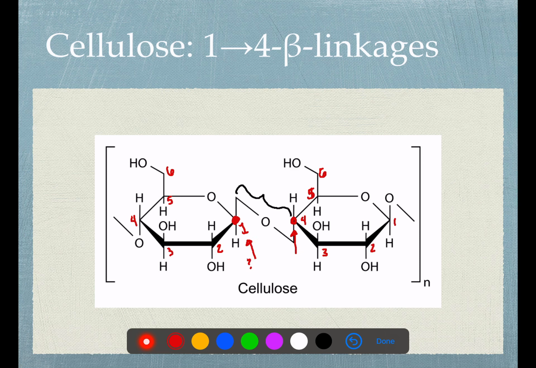Remember, anomeric just means that it is the very right-hand point of its own individual ring. So here's the anomeric carbon of our other ring. The anomeric carbon is carbon number 1, and carbon number 1 has its oxygen in the up position, so it's the beta anomer, which is where we get that beta 1 to 4 notation for the glycosidic bond.